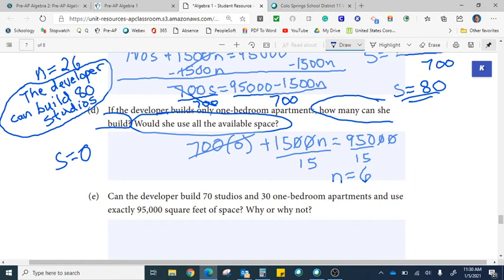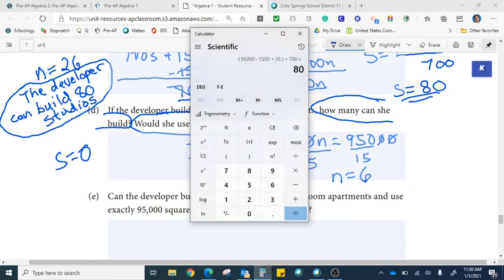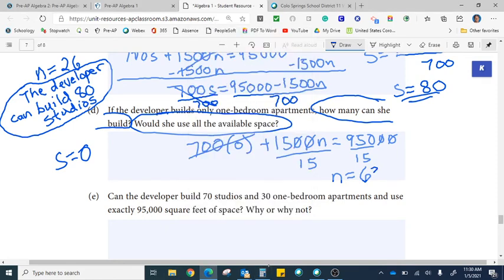As a guess, let's see. So 950 divided by 15, 63 times. Okay, so 63.33. All right, so it says how many can she build?